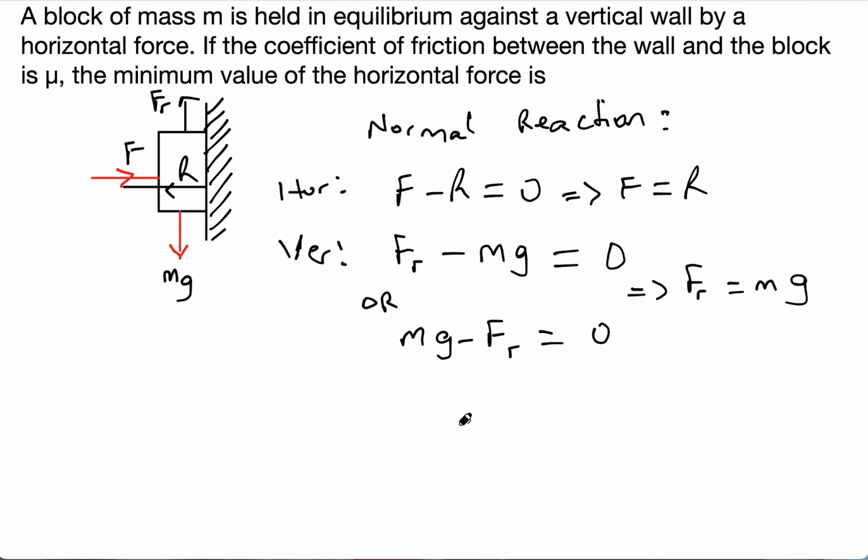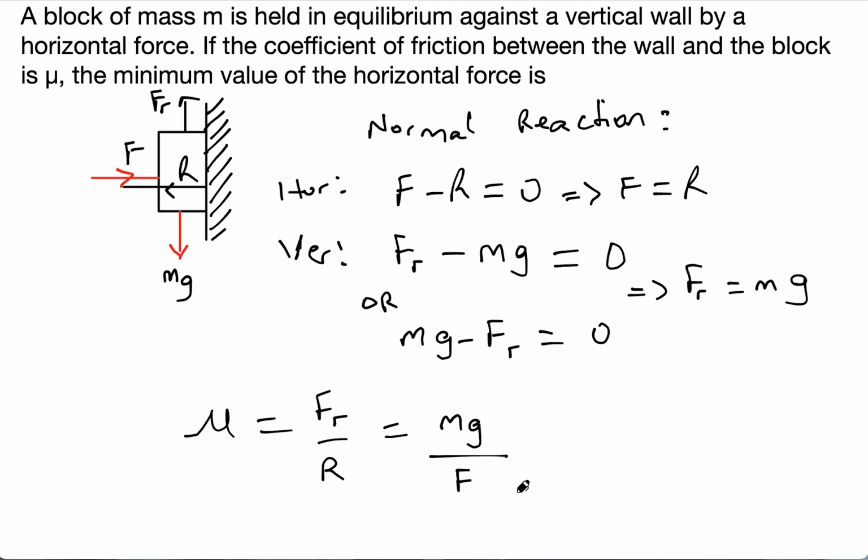And from what we know, the coefficient of friction is the ratio of the frictional force to the normal reaction. With this now, the frictional force is mg, while the normal reaction, from what we have gotten here, is F itself.